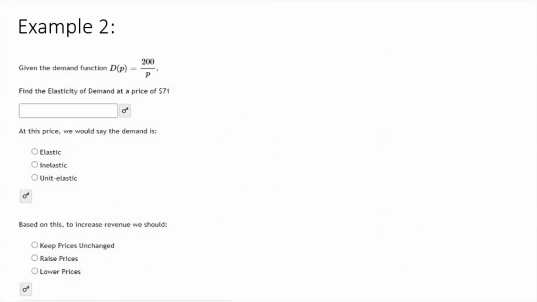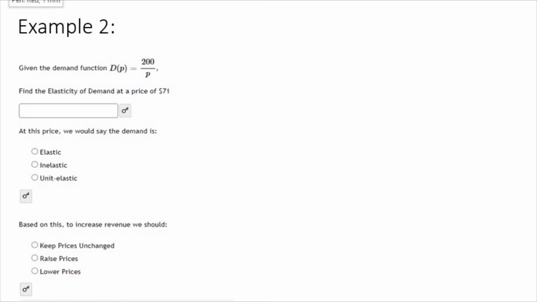Here is another example. We are given the demand function d of p is equal to 200 over p. In this case, you can replace p with x if that makes it a little bit easier for you. P here is just a variable. We want to find the elasticity of demand at a price of $71 and then answer the rest of the questions.